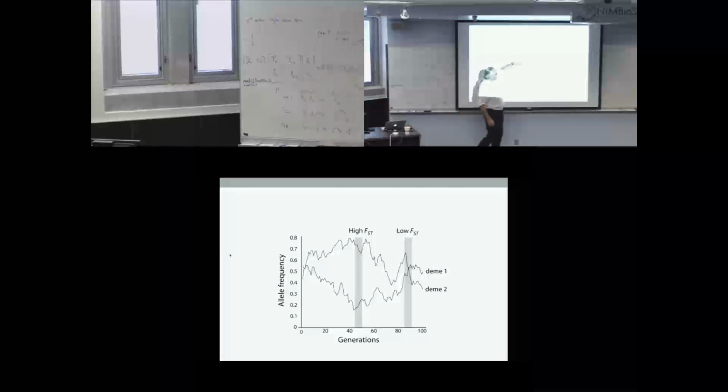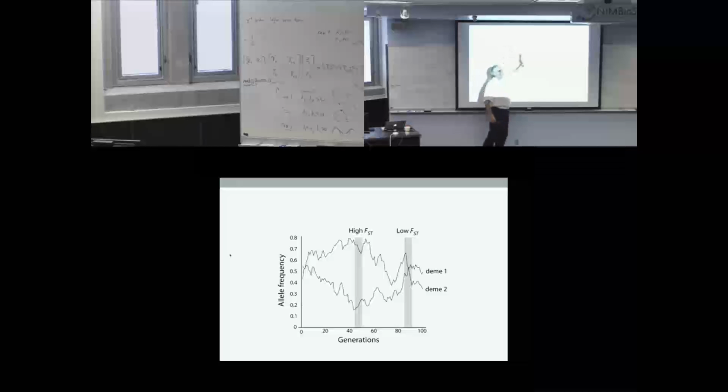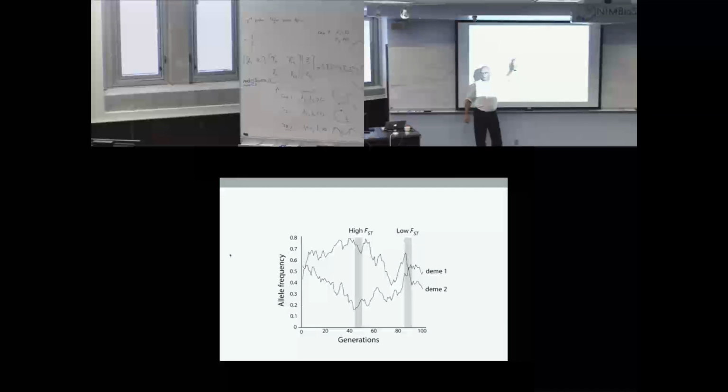So here, just imagine that you have two different populations that are drifting around over time, and I've, in this case, chosen some fairly small population sizes just to show the effect. But depending on where or when you sampled this, you might have sampled them at a point where, just by chance, one of the populations had drifted to a high frequency and the other had drifted to a low frequency, and that would have a high FST.